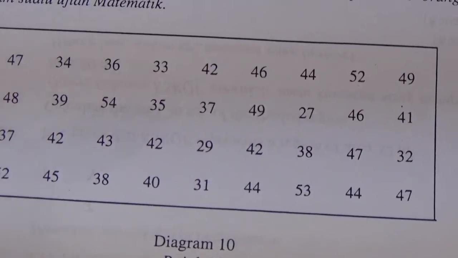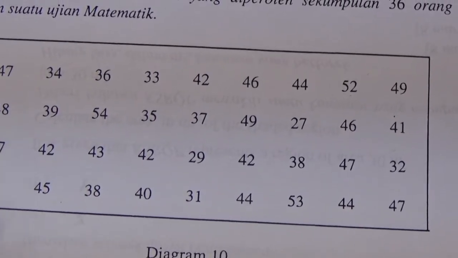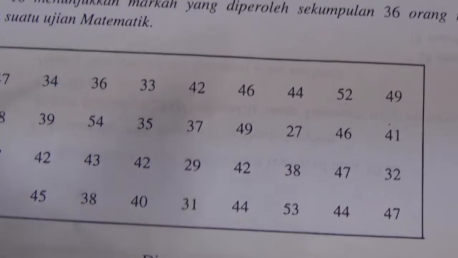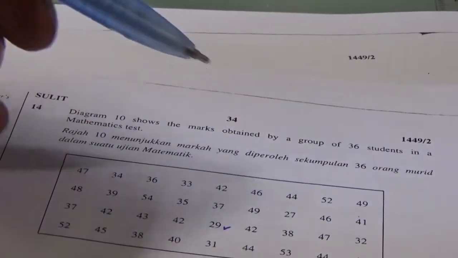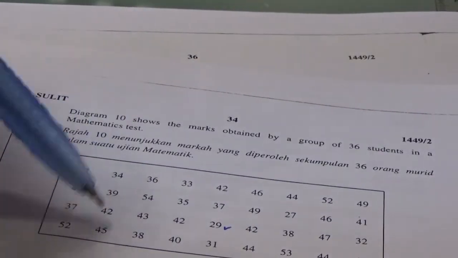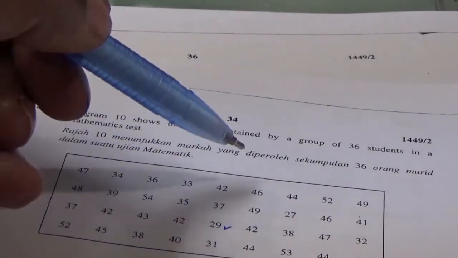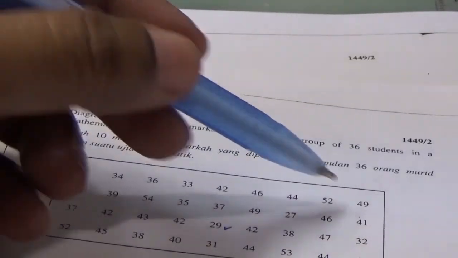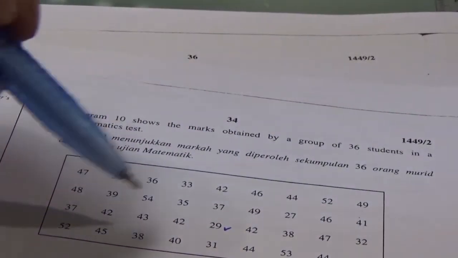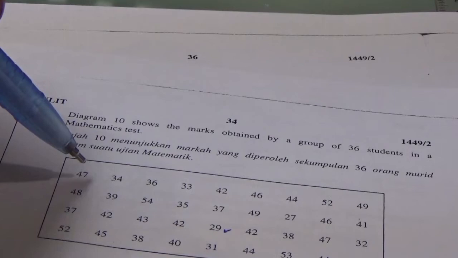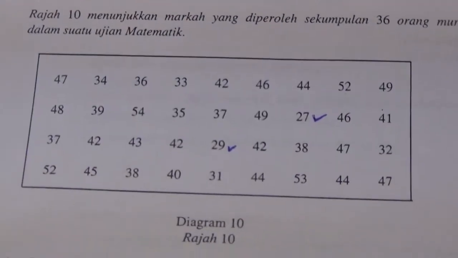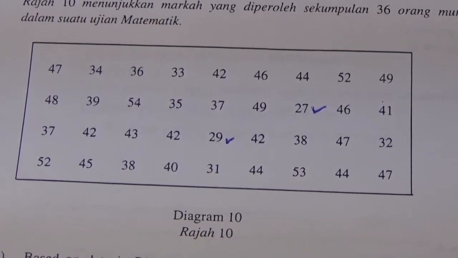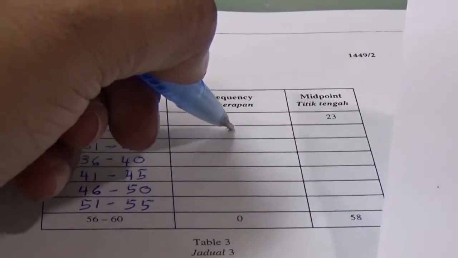If you look, you can see 29 here, and you have to look row by row, column by column, for any numbers that are below 30. So we have 27 here. So you can see that 26 to 30 would be frequency 2.